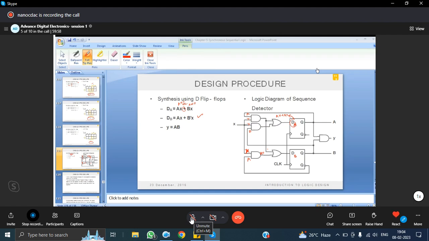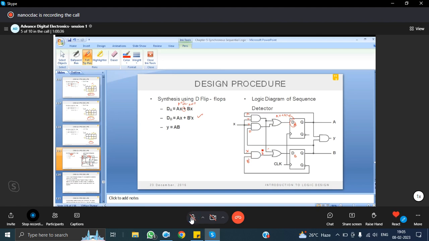Okay, so what is this? This is AX and B bar X. Where is it getting this from? This is X, and from Q, B bar.